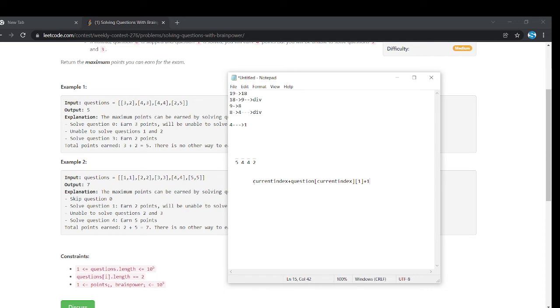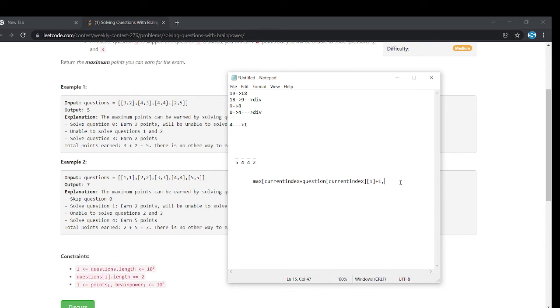And then we can actually take the maximum from here. Current index plus question index plus 1, then current index plus question of index 2, then current index plus question of index 3, like that.